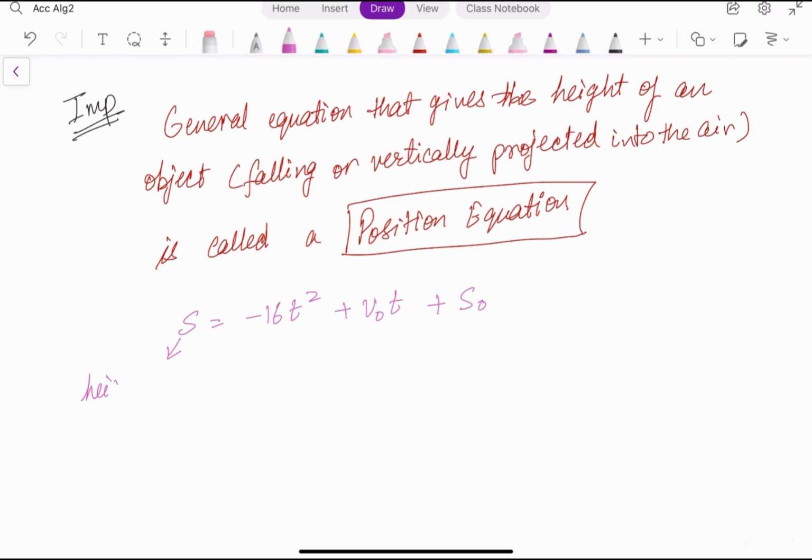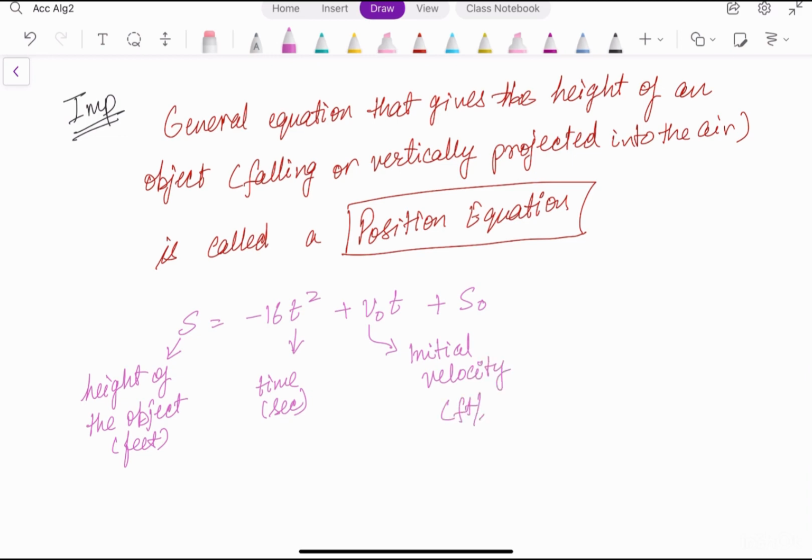S is the height of the object in feet. t is time in seconds. V0 is initial velocity, represented in feet per second because it is a rate. And S0 is the initial height, again in feet.